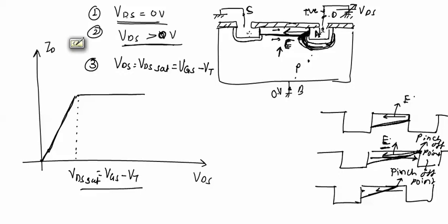The electrons will start from the source, travel up to the pinch off point, and from this pinch off point be dragged to the drain terminal by this electric field, and current will continue to flow. This will be the characteristics for the enhancement type MOSFET. If we change this VGS, we will get different curves like this.